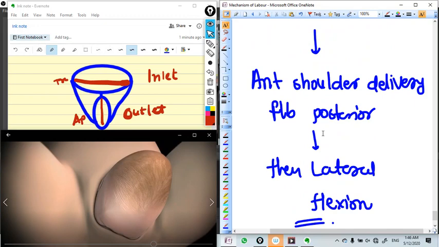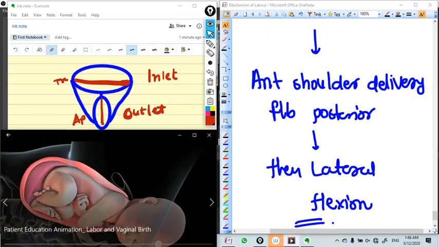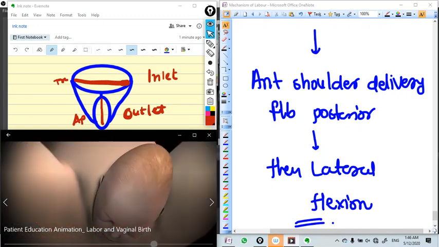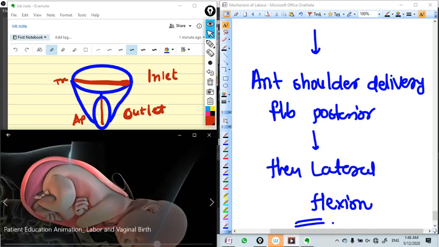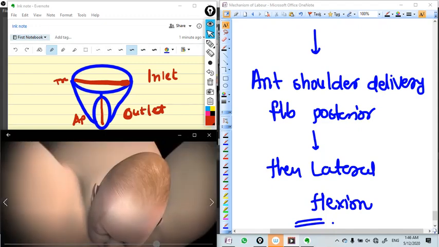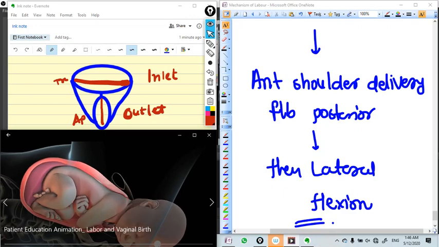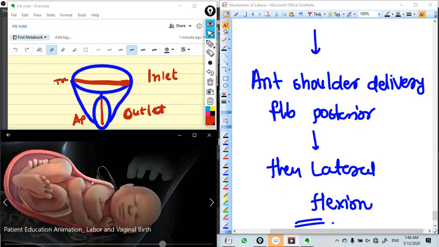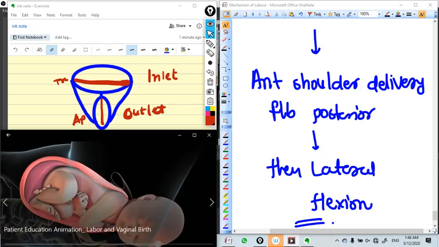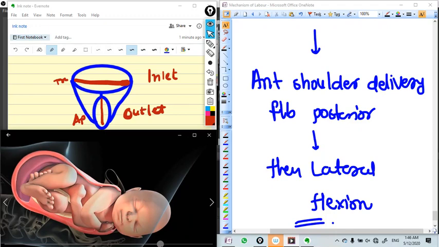Once the delivery of the anterior shoulder happens, see here, this is external rotation, this is crowning and delivery by extension, this is restitution, this is restitution, this up to this, and this one is external rotation.